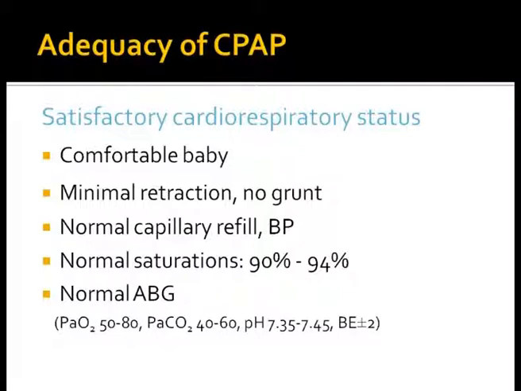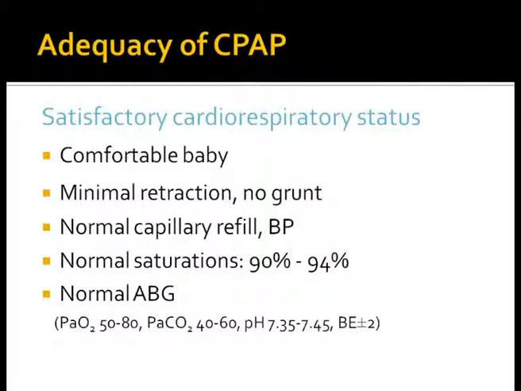Once on CPAP, we expect the baby to settle down. Respiratory distress, a main reason for which the baby is on CPAP, should decrease. Silverman score should read less than before. Grunt should disappear. Along with improvement in respiratory status, hemodynamic status will also improve.